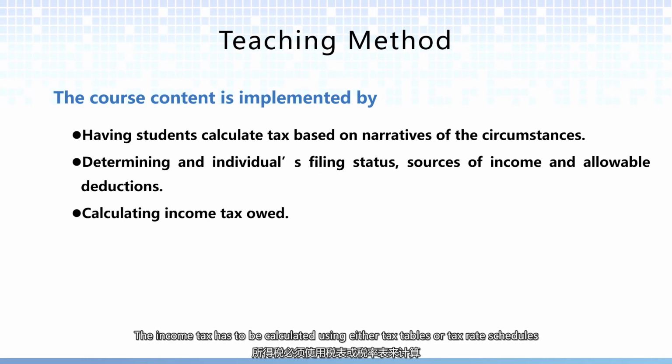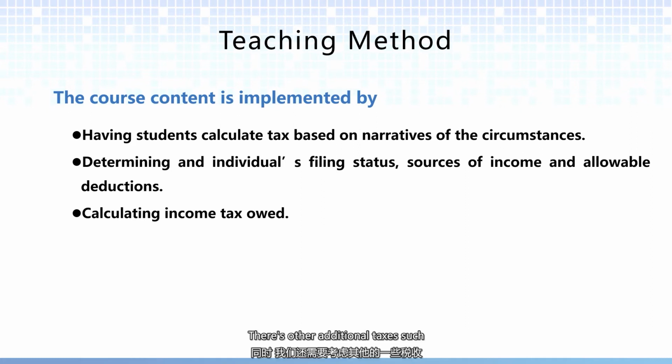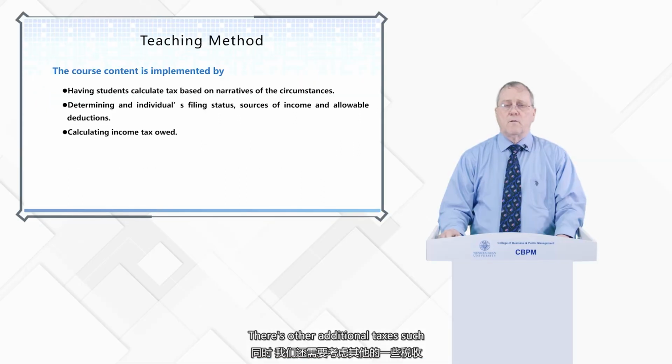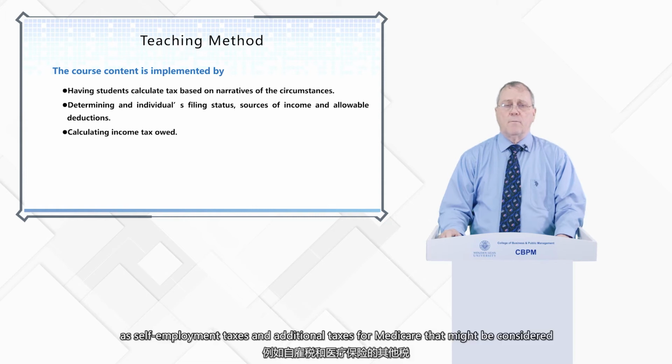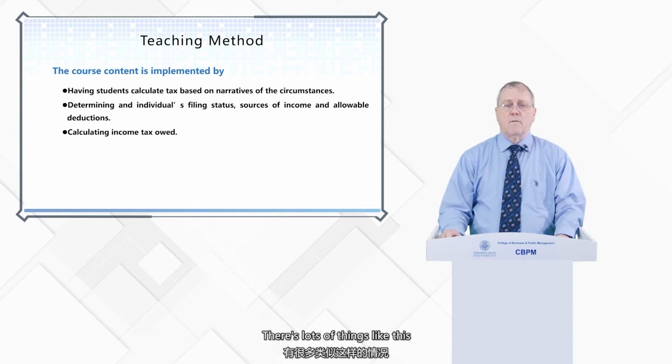The income tax has to be calculated using either tax tables or tax rate schedules. There are other additional taxes such as self-employment taxes and additional taxes for Medicare that might be considered. There's lots of things like this.